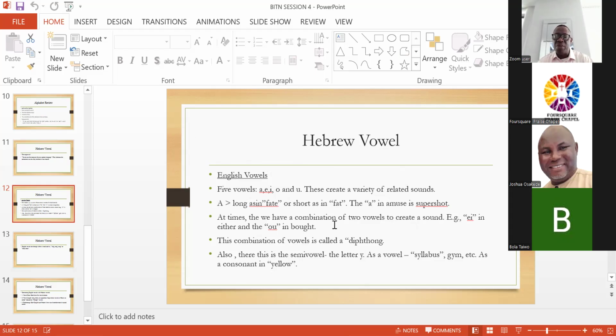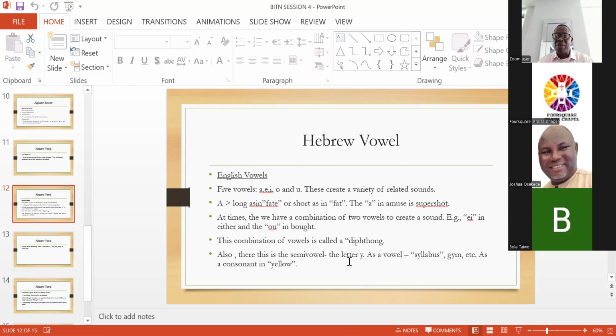So at times we have a combination of 2 vowels to create a sound, e.g., EI in either, correct? Or U in but. So you have 2 vowels combined together that happens in English. And so this combination of vowels is called a diphthong.